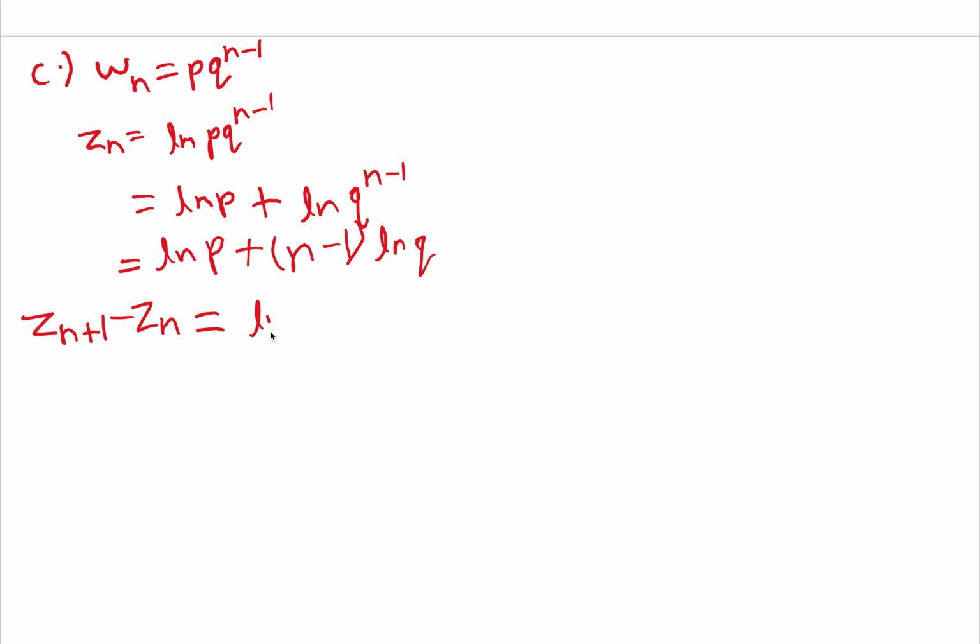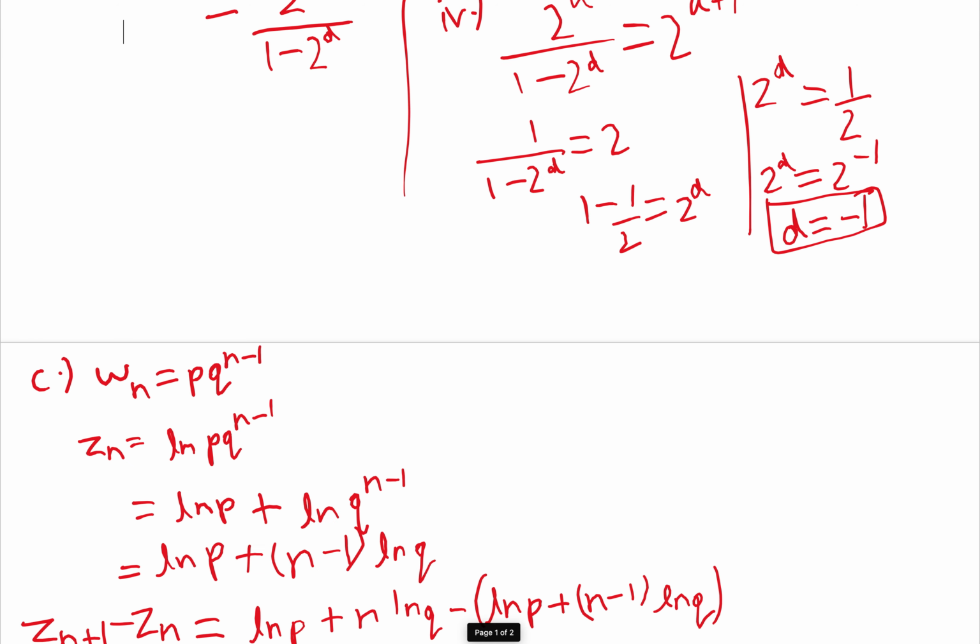Zn plus 1 will be equal to ln p plus n ln q minus ln p plus n minus 1 ln q inside the bracket.